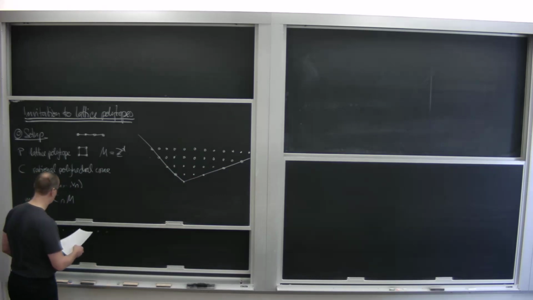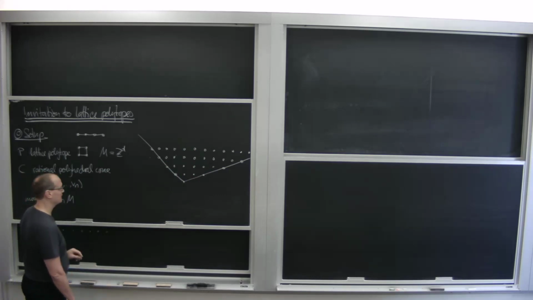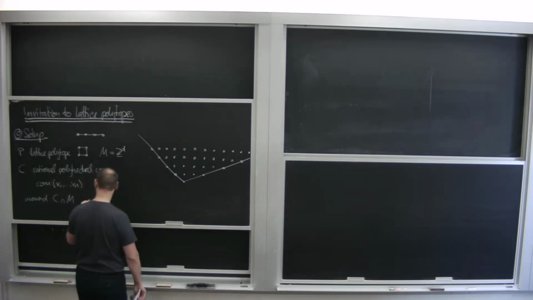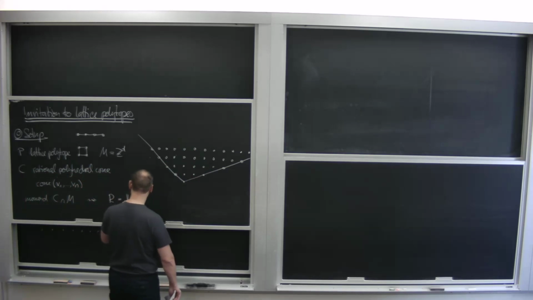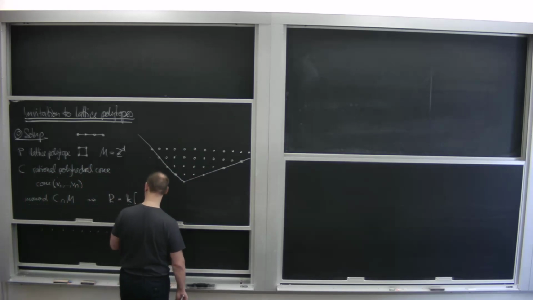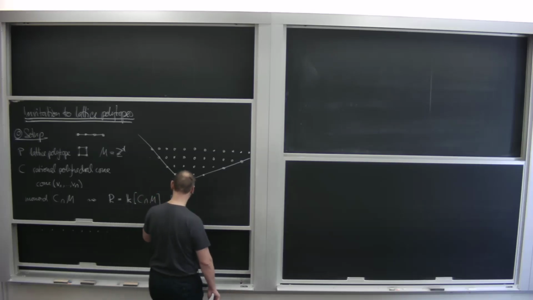This may be our first little theorem. It is finitely generated. So R, capital R, is going to be, little k is the field, and the monoid algebra, this is finitely generated.